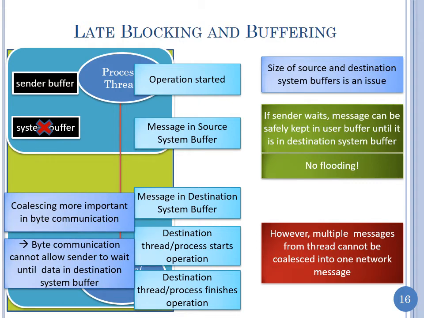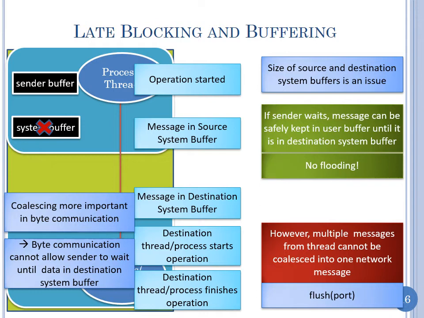So in byte communication, we don't wait till the data reaches the other end, because that would not allow coalescing. We wait for an event that's earlier than that. So this shows you the relationship between blocking and buffer.